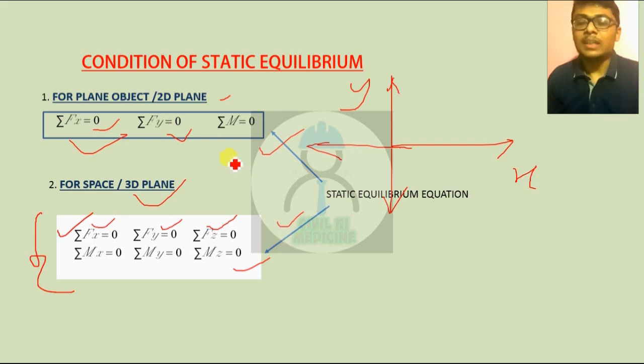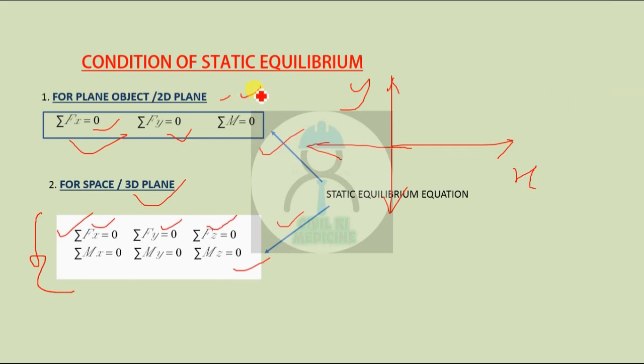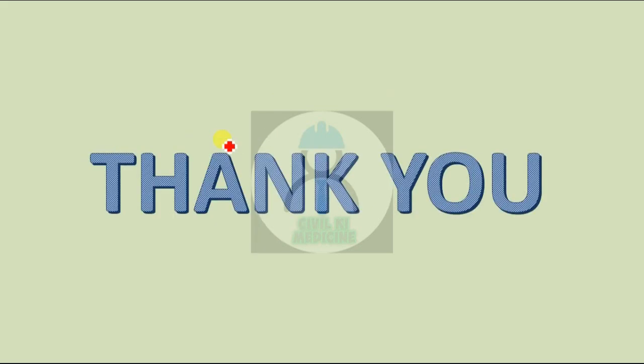As per our syllabus, we deal with the static equilibrium condition in the 2D plane. So when we solve numerical problems, we use these three static equilibrium equations. Okay, thank you.